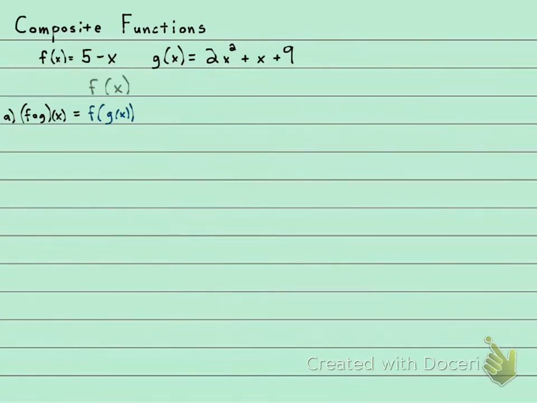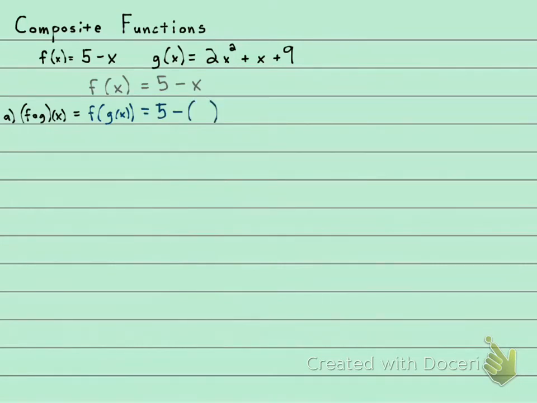The f of x equals 5 minus x. So the f of g of x is going to be 5 minus whatever the g of x is.